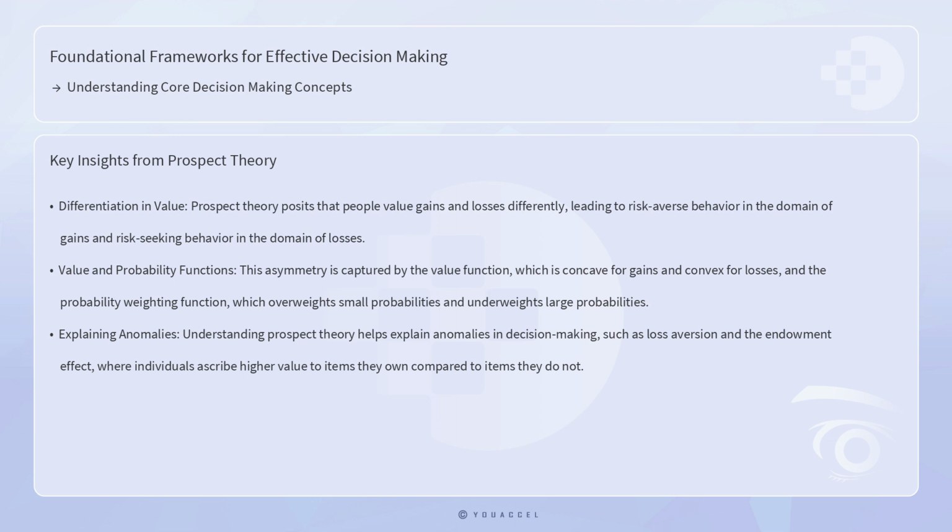This asymmetry is captured by the value function, which is concave for gains and convex for losses, and the probability weighting function, which overweights small probabilities and underweights large probabilities. Understanding prospect theory helps explain anomalies in decision-making, such as loss aversion and the endowment effect, where individuals ascribe higher value to items they own compared to items they do not. By incorporating these behavioral insights, decision-makers can better anticipate and address deviations from rational behavior.